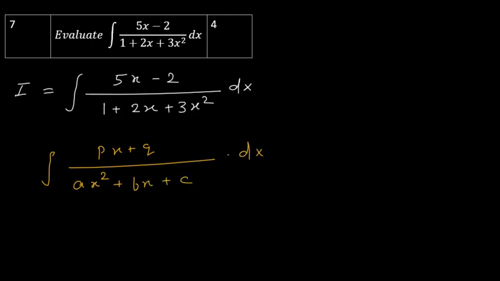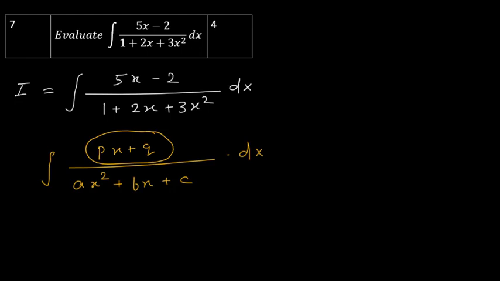There are two types of problem. In one type, in the numerator we have some constant number and the denominator is quadratic, and in the second type the numerator is a linear expression and the denominator is quadratic.